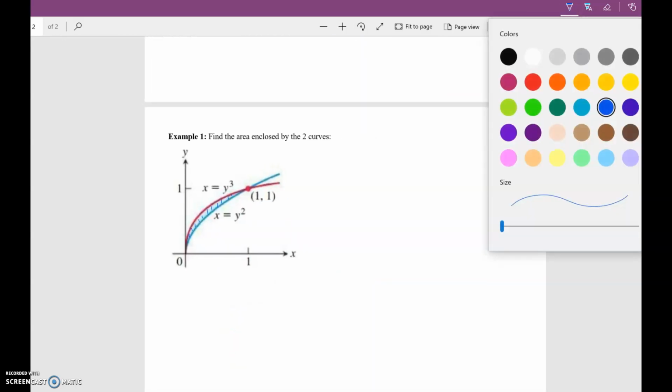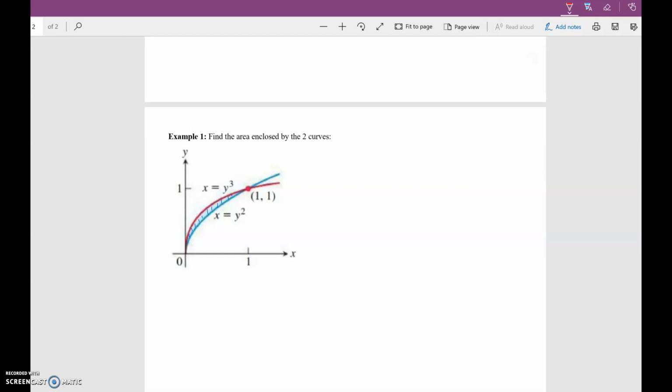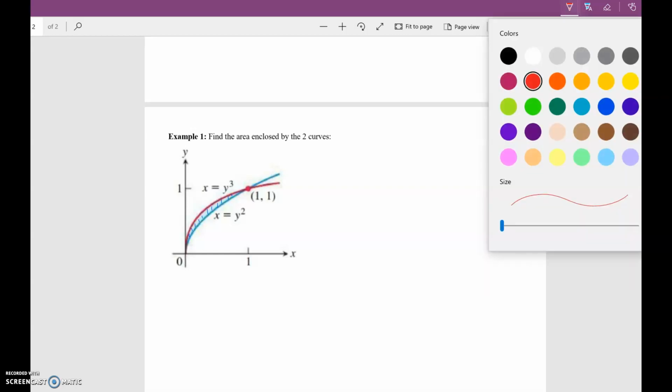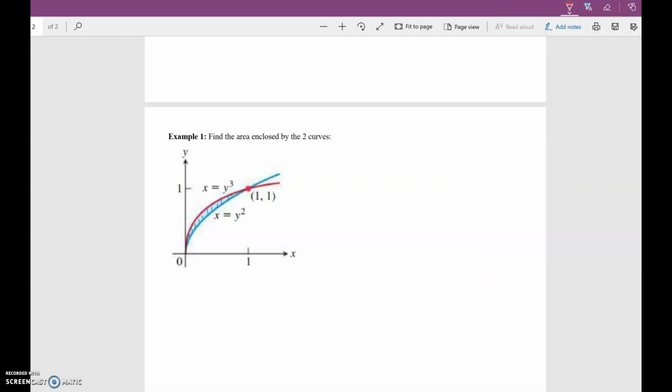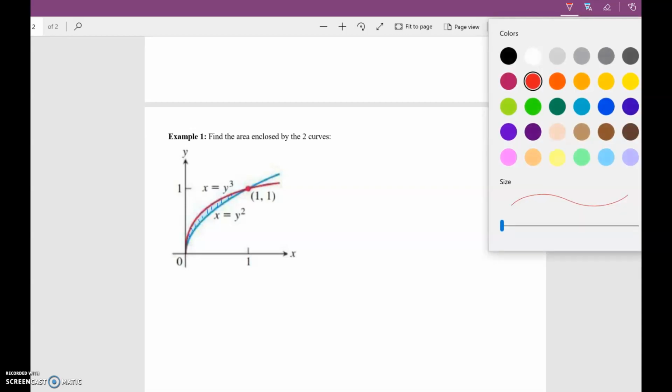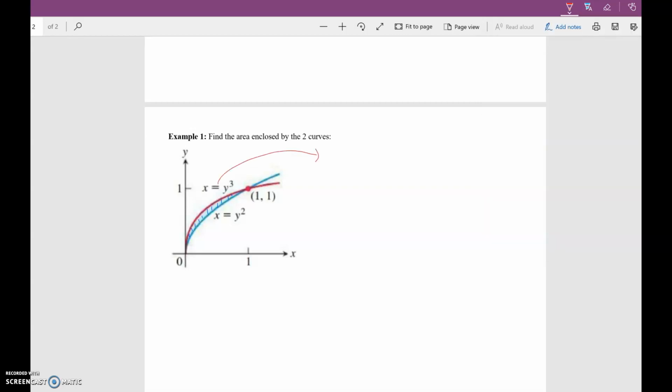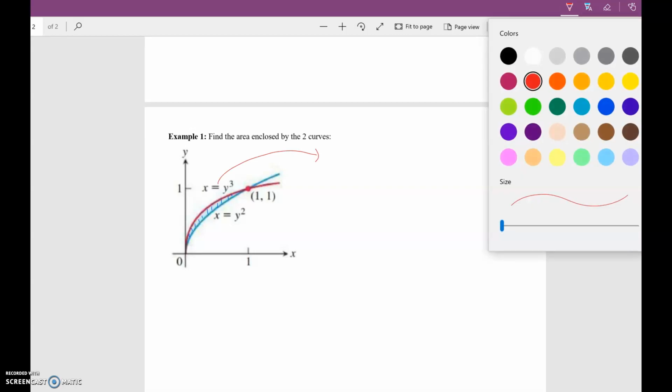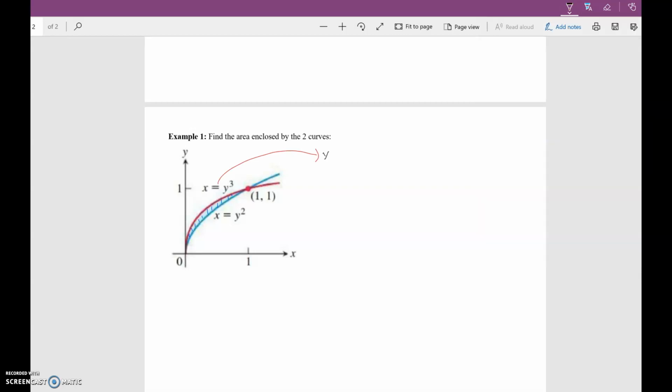Let me use a different color. In this case, this is the area that we're actually looking into. What I'm going to do is express the curves as functions. So in this case, y is equal to x to the 1/3.